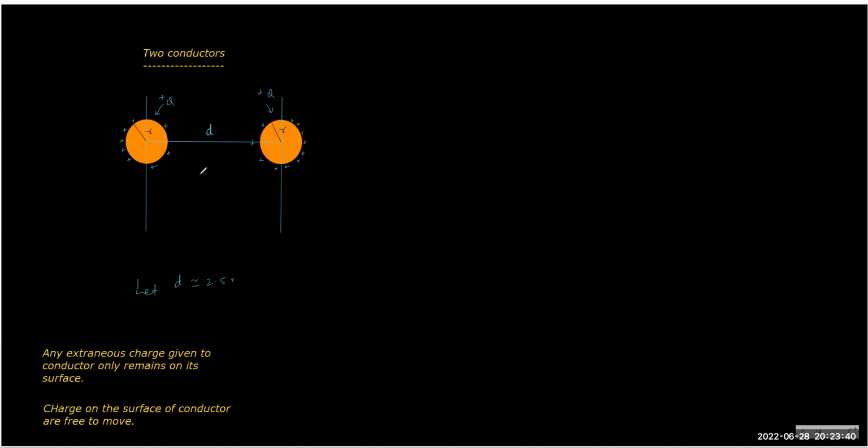So let's say if the charge were uniformly distributed, then the force between them would have been written as kq squared by D squared.